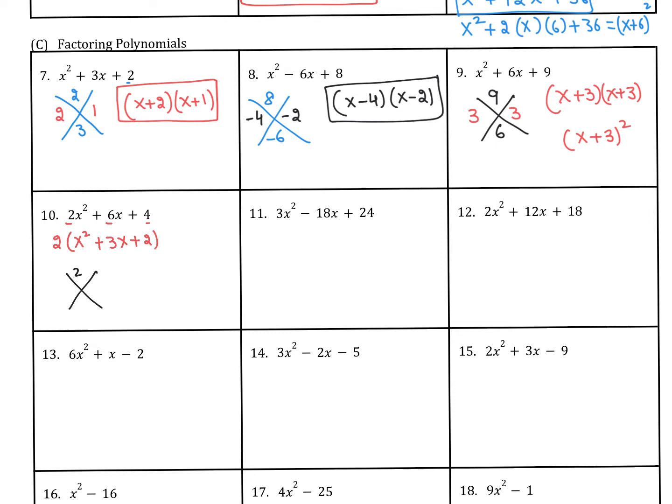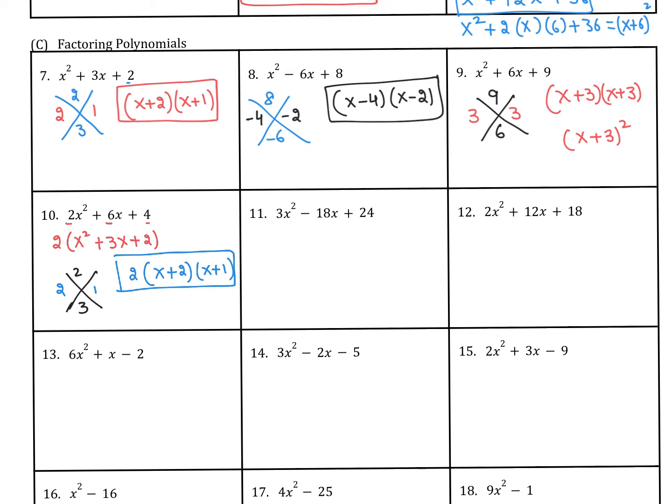Multiply to be 2, add to be 3. The two numbers you're looking for are 2 and 1. So the factors are x plus 2 times x plus 1, and in the front the 2 as it is. So this 2 is outside, and the factors are x plus 1 and x plus 2.